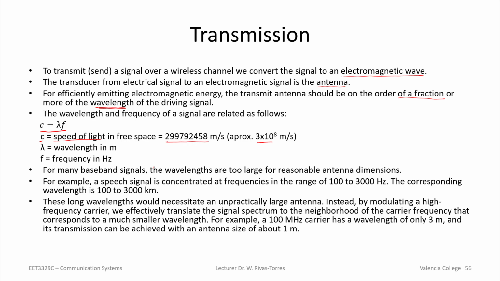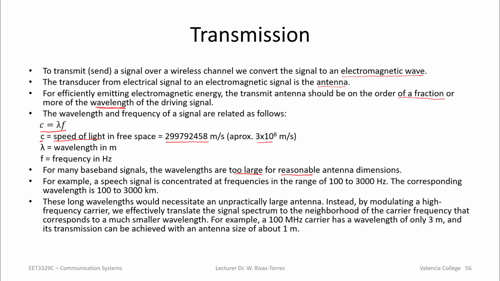Now, we already said that the antenna has to be proportional to the wavelength. So this is why baseband signals are not compatible with the channel. One of the reasons is their wavelengths are just too large for a reasonable antenna. Why do we say that? Let's look at an example.